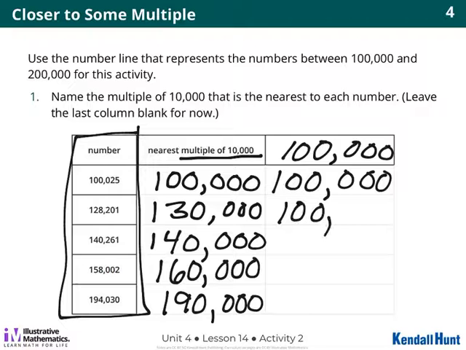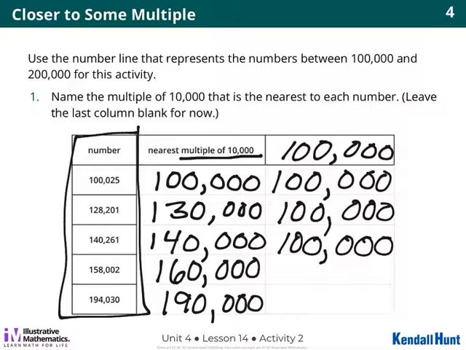Yeah, you are correct. 140,261. What is it closest to, Gage? 100,000. 100,000. If you don't have these answers, make sure you're writing them now. Looks like most of us got them.